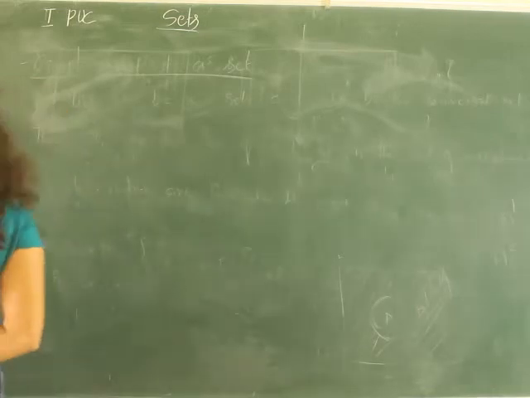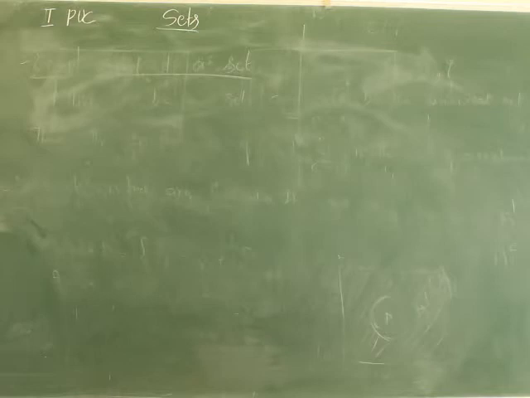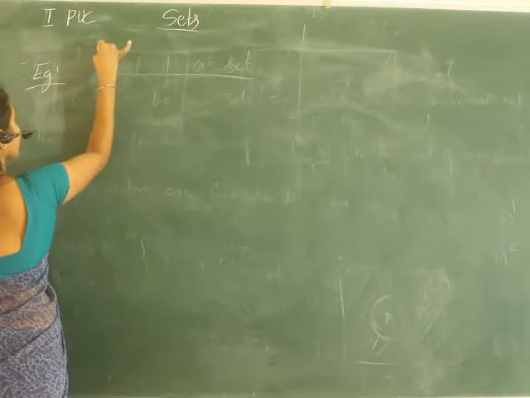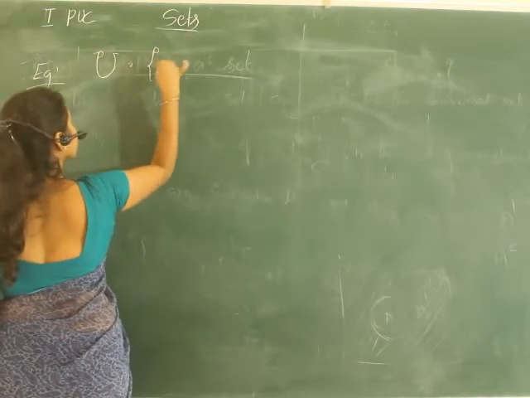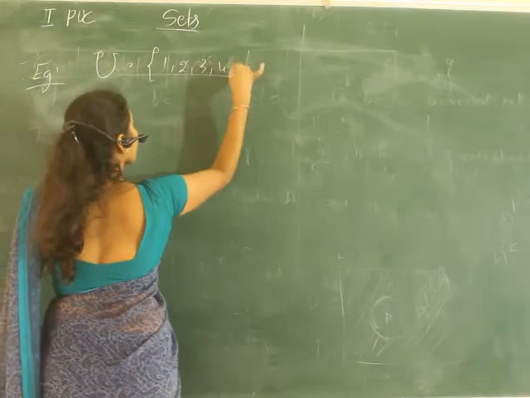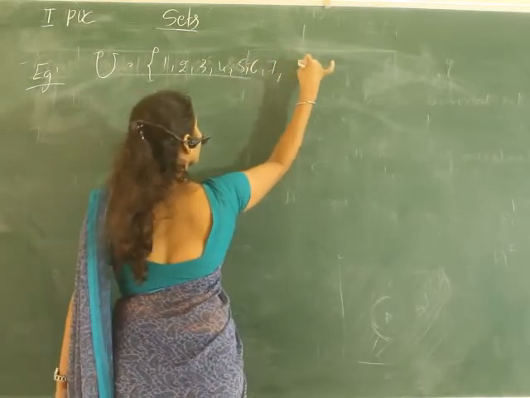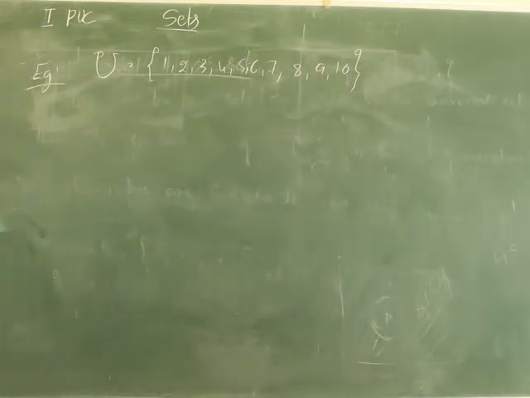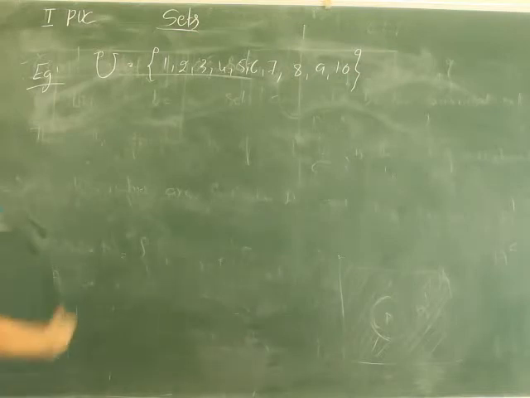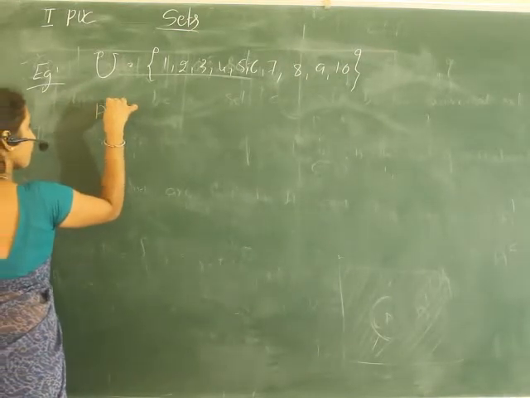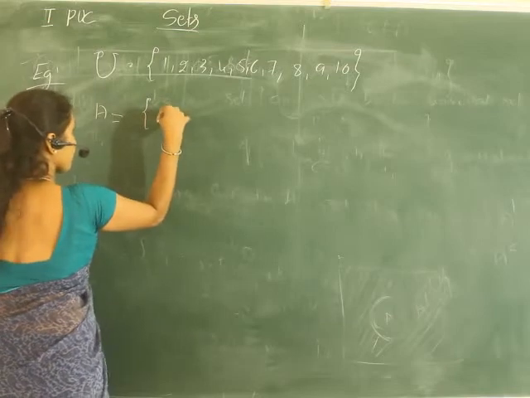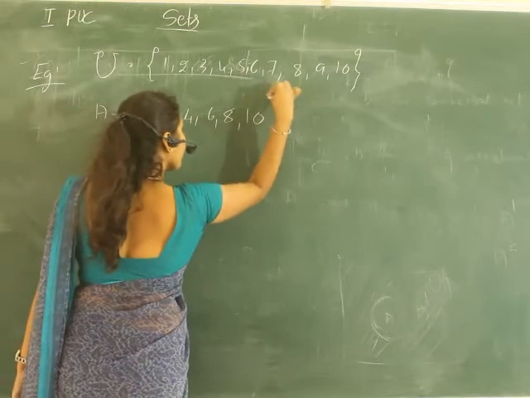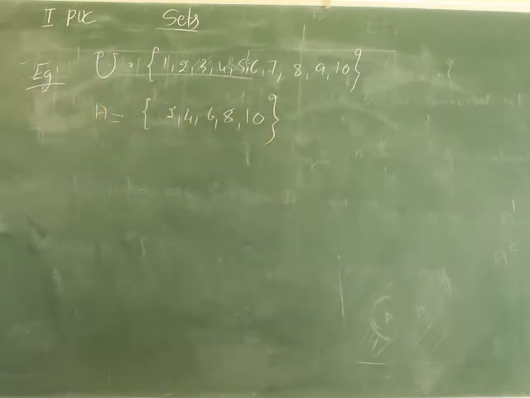The next example I will give using numbers itself. I consider this as U, then I take A equal to this.